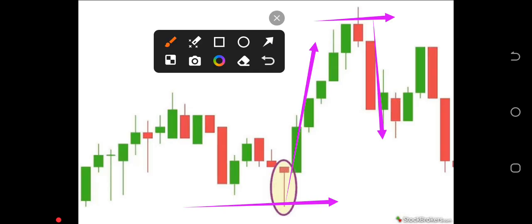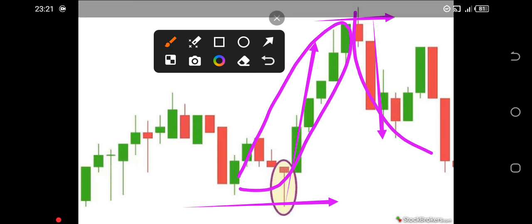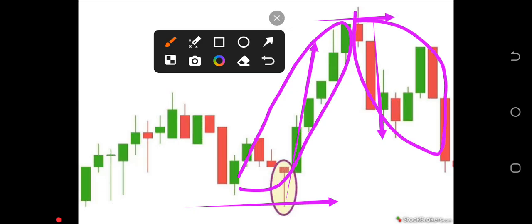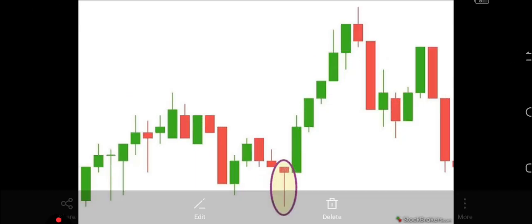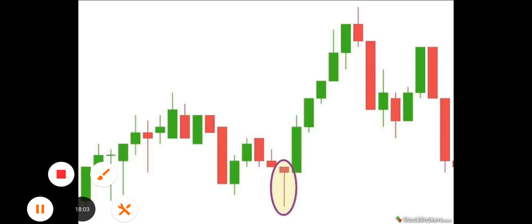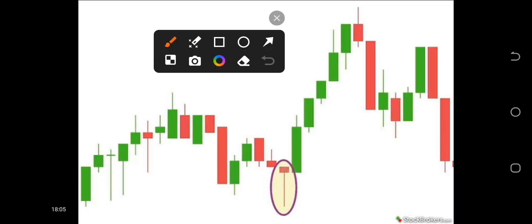And at the end of this day, this market goes up and then this market went down. But if you see a hammer candlestick in the middle of the trend, it is a continuation of the trend, not a reversal, please. So that is where a lot of people get it wrong. You now see this particular hammer, now you say, the person who taught me said that hammer candlestick indicates uptrend.